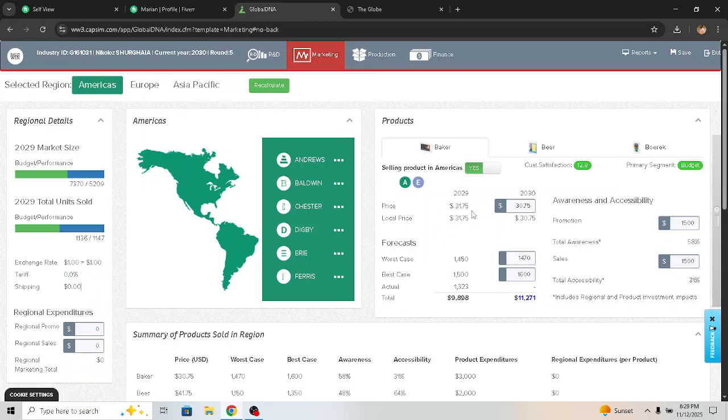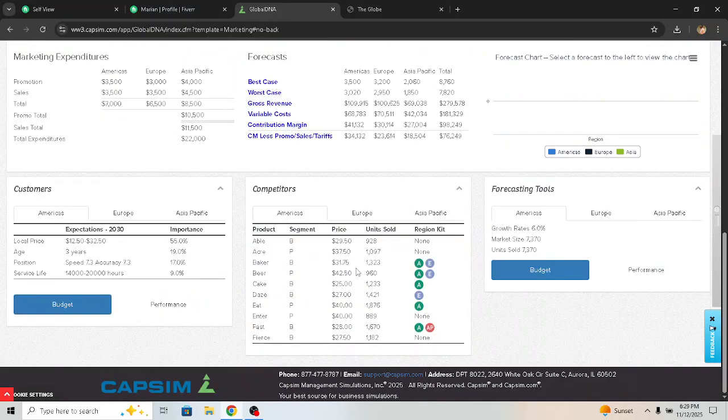If we had a price of 31.75 in our previous year, in this year we need to know what our customers want. Looking at our budget market segment, because our product Baker is there, you realize that price has the most importance, with 55% of our customers being considerate of it. The price has to range between $12.5 and $32.5.